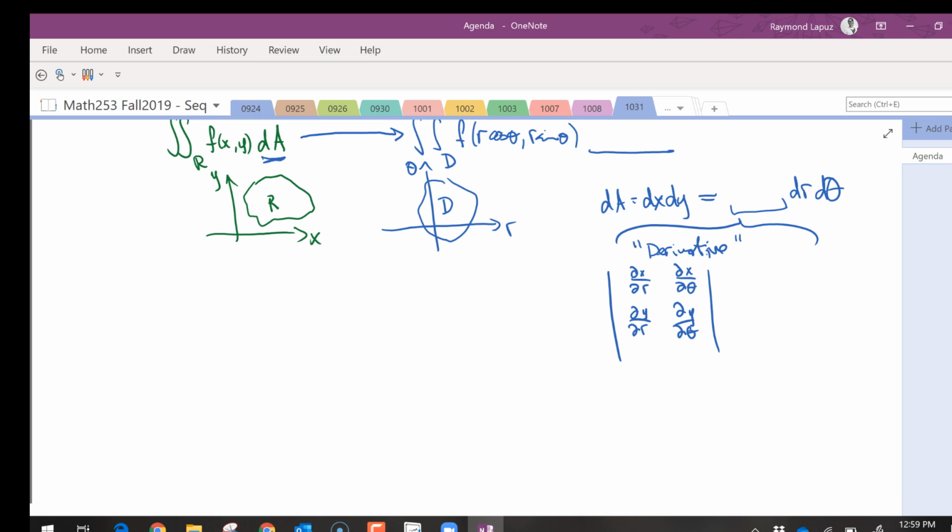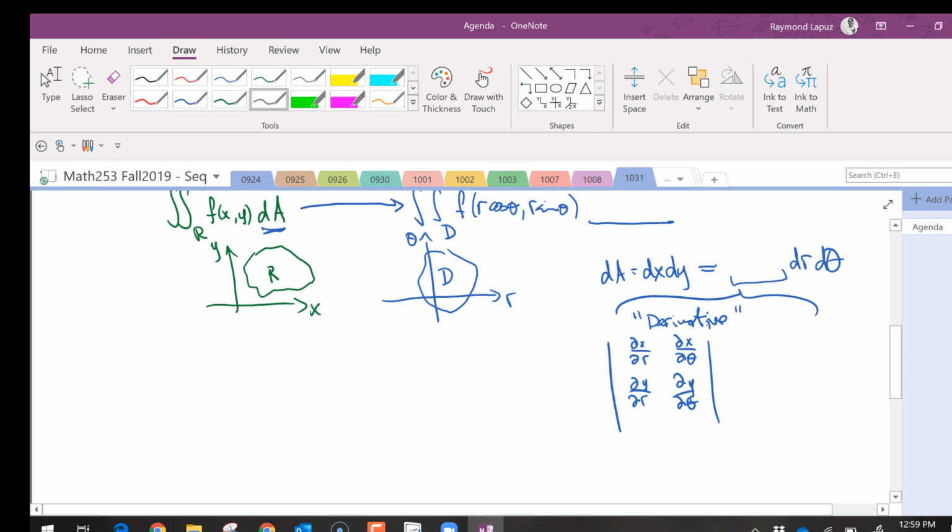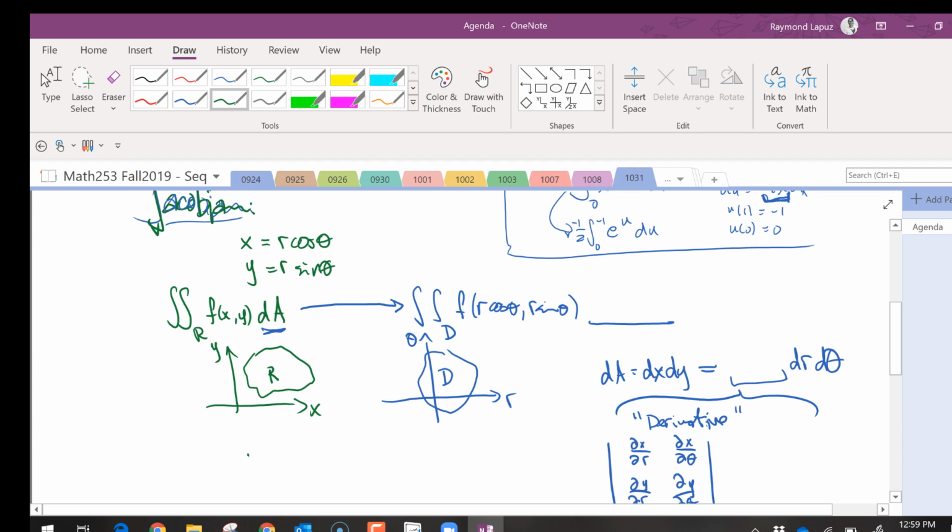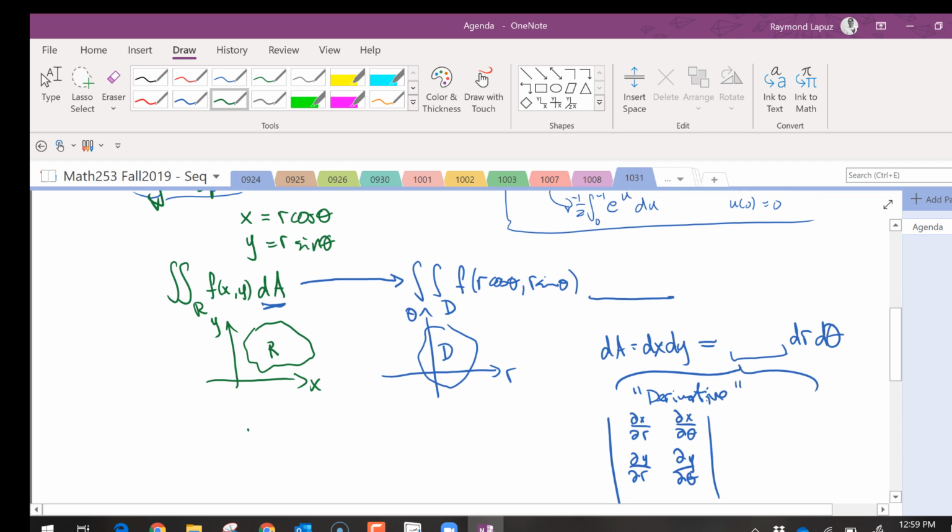Okay, so let's be specific about what we're doing here. We're doing the polar coordinate transformation. So let's take a look at our r and theta. x, let's take our derivative of x with respect to r. What's that going to be?